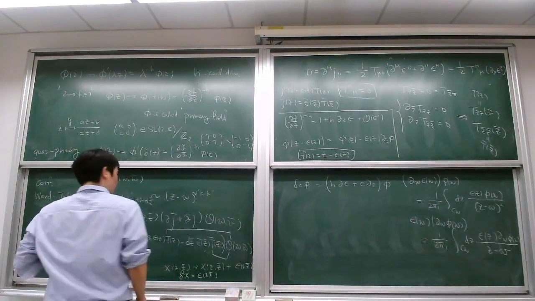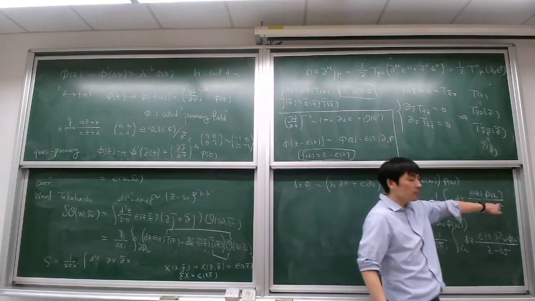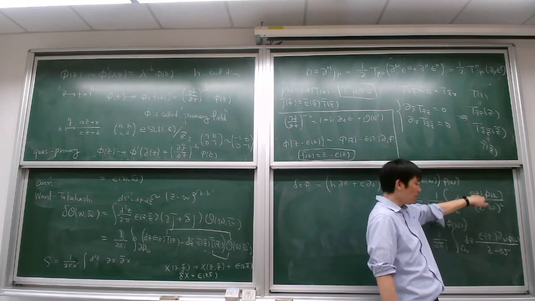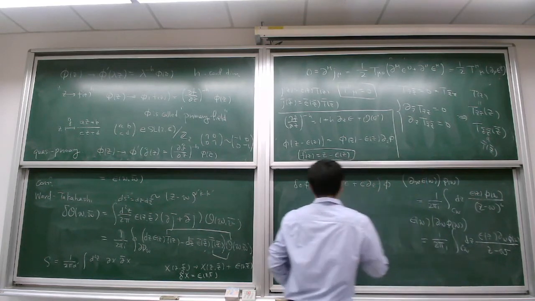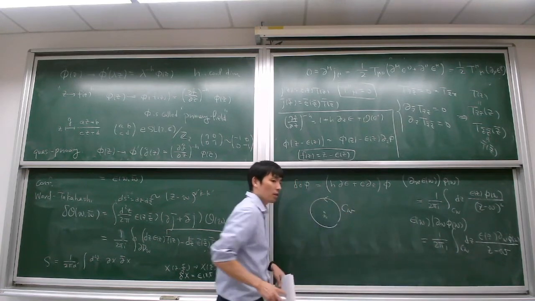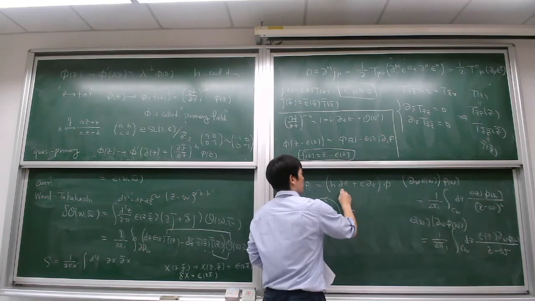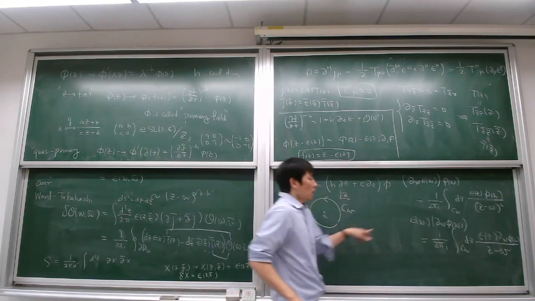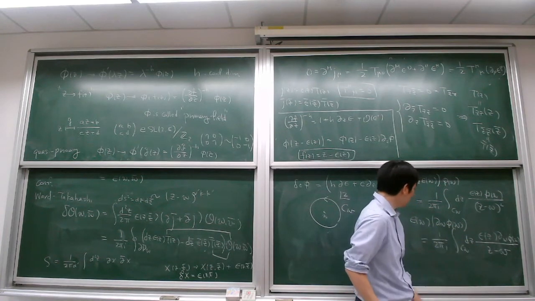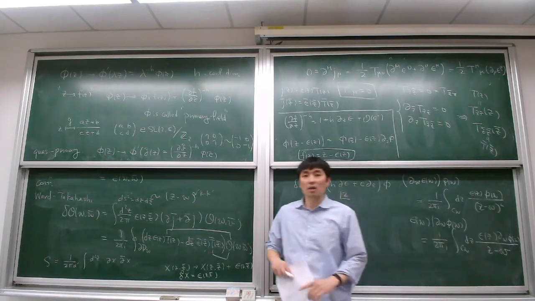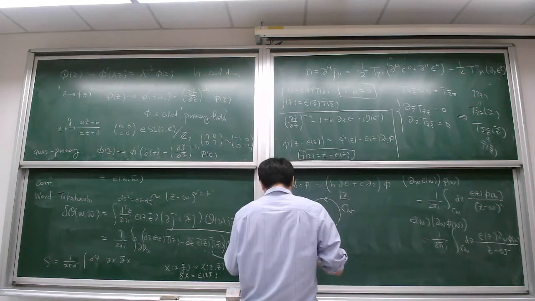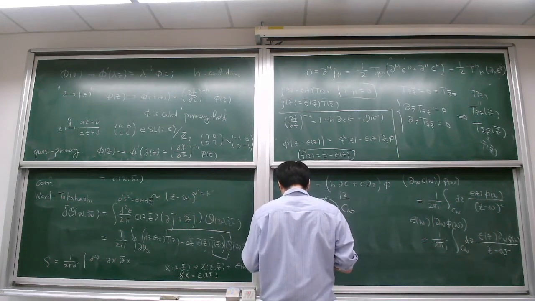So if you do the contour integral here, you just need to apply the derivative in epsilon, in the variable. The contour is around w, and this is the z plane. Then this is just a substitution z equal to w. So if you use this, one can obtain the OPE of the stress energy tensor.